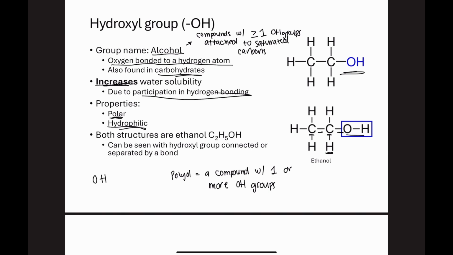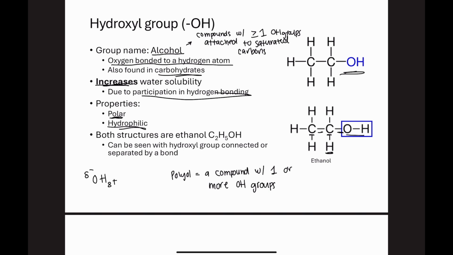So this really electronegative oxygen is going to attract electrons to itself, and it's going to create an unequal sharing of electrons, which is going to create our partial positive and partial negative charges. And in this case, because our oxygen is the more electronegative atom, it is going to have a partially negative charge. Meanwhile, our hydrogen is going to have a partial positive charge.